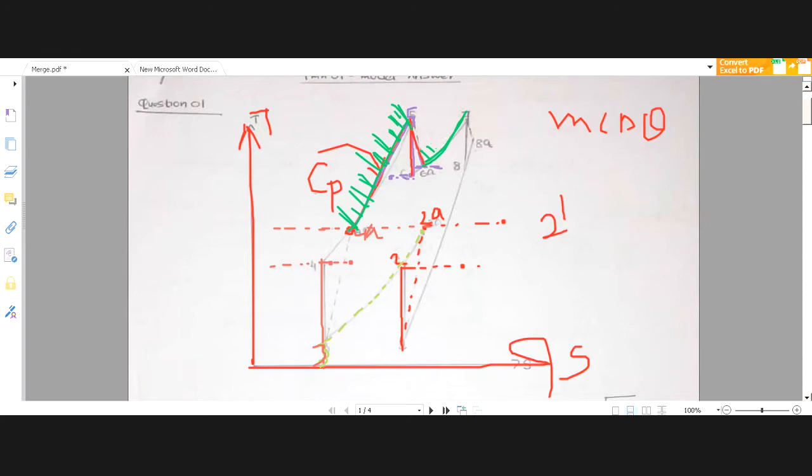But be very careful, point 7 should be at a lesser level when compared to point 5, because the temperature at point 5 is, I think, 1500 Kelvin, as I can remember, and the temperature at point 7 is somewhere like 1300. You better check the problem again.